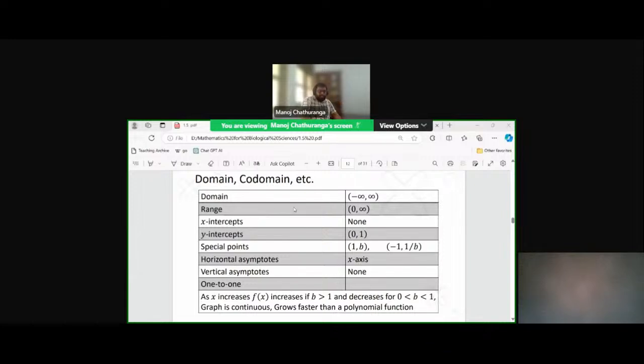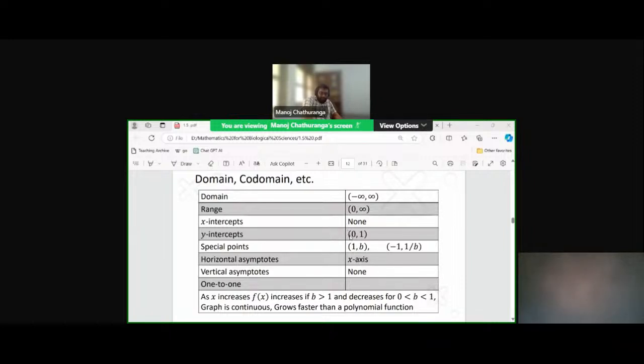So range is the interval from 0 to infinity, not including 0. There is no x-intercept because the graph stays above the x-axis all the time. It never touches the x-axis.